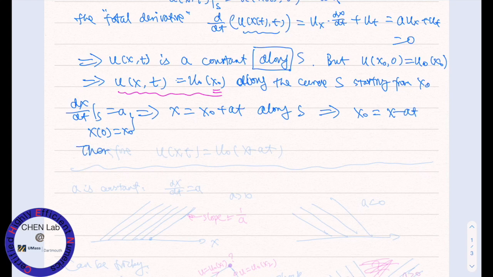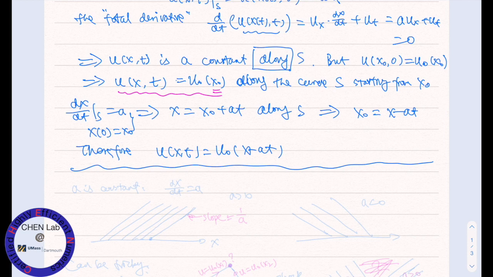Therefore, we basically just proved that u(x,t) is equal to u0(x minus at). That's exactly the same as the solution we wrote down in the beginning. So we basically solved this simplest equation.